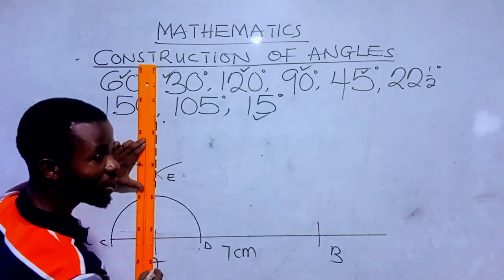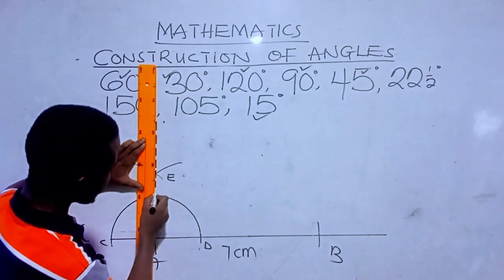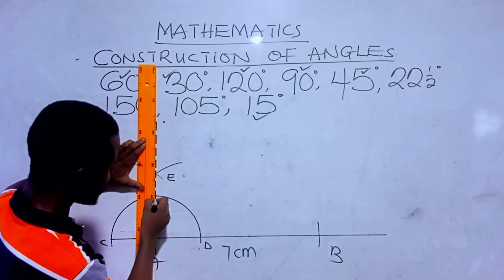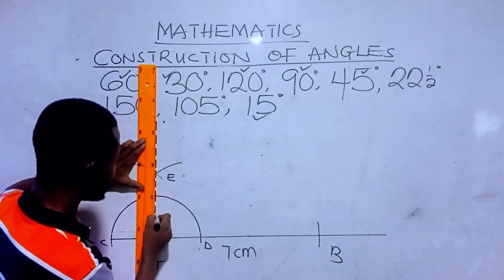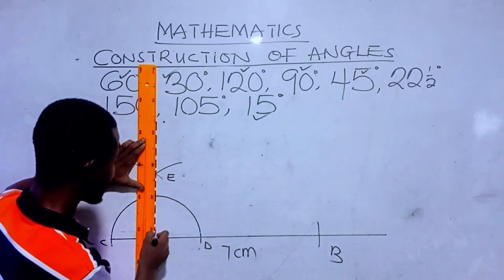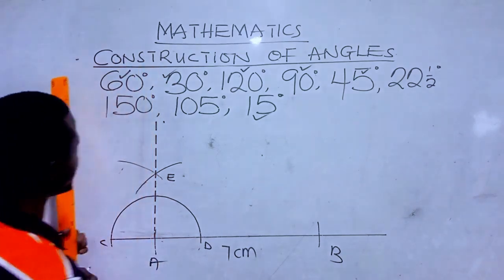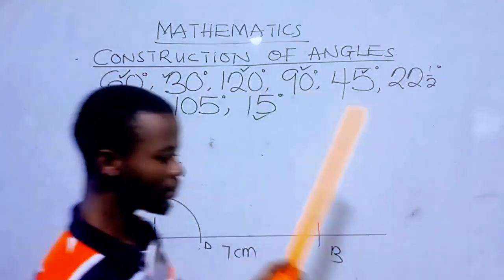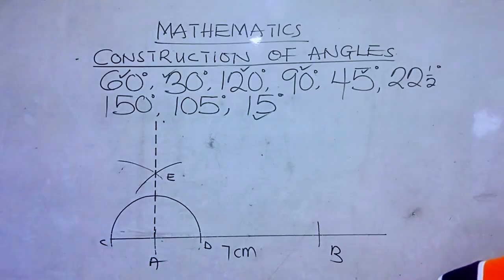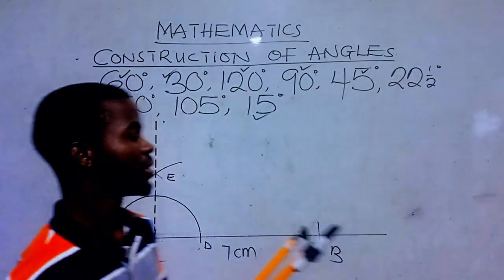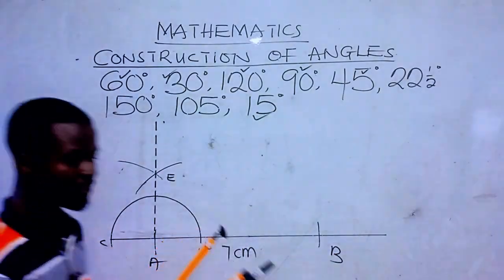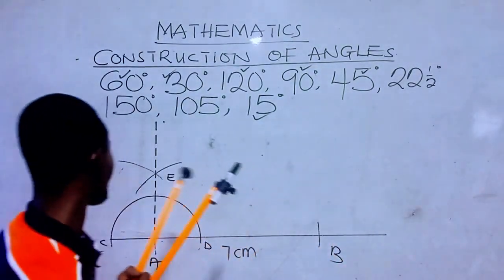Now make sure one of the broken lines crosses this semicircle here. And then you continue until you get to the very last one like this. Now what do I do? Let me say here is F.